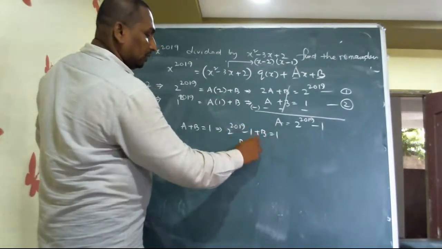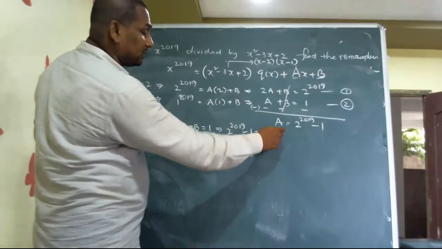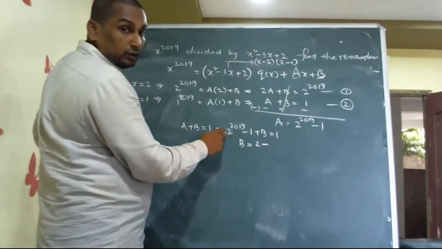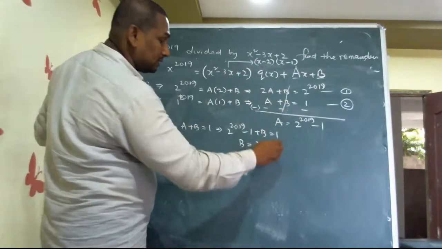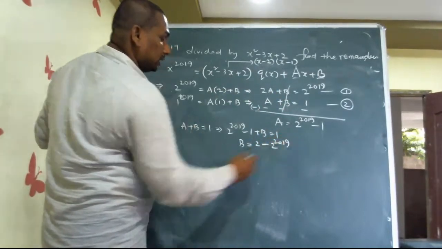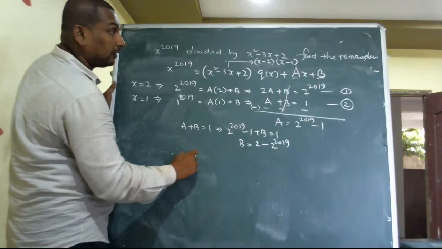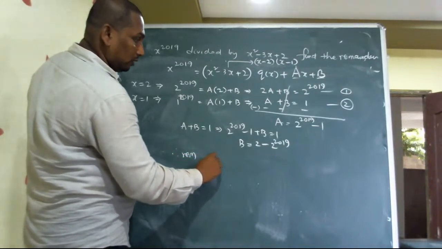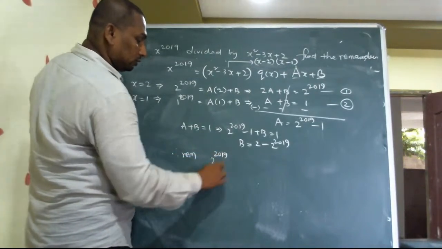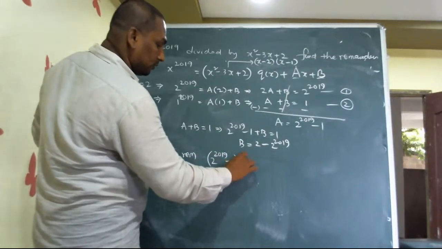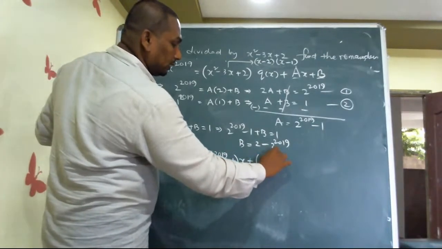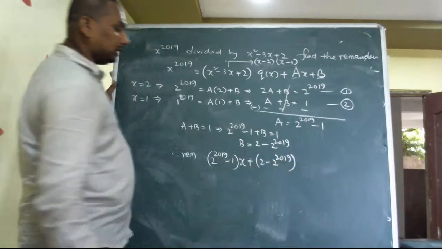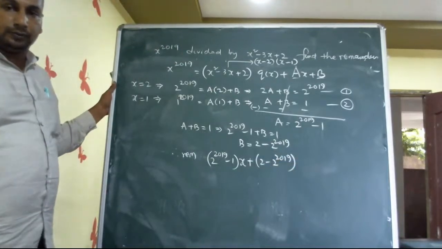Then b is 1 plus 1, 2, minus 2 to the power of 2019. So therefore, what is the remainder? (2 to the power of 2019 minus 1) times x plus (2 minus 2 to the power of 2019). Understood all of you?